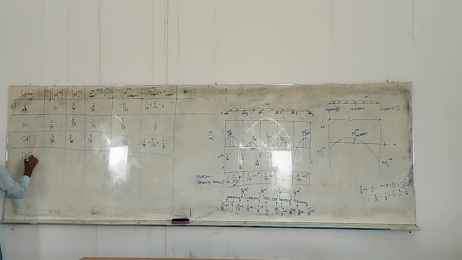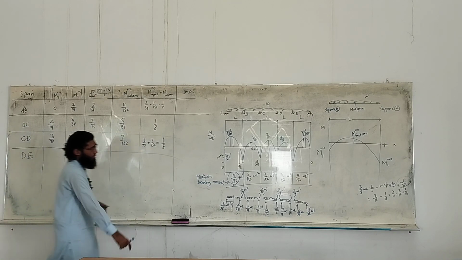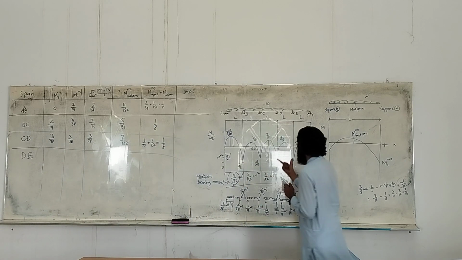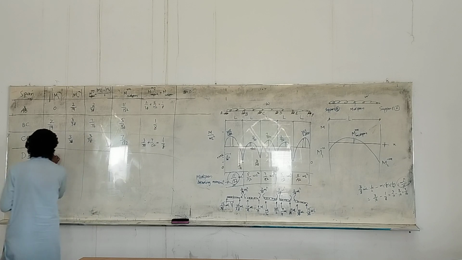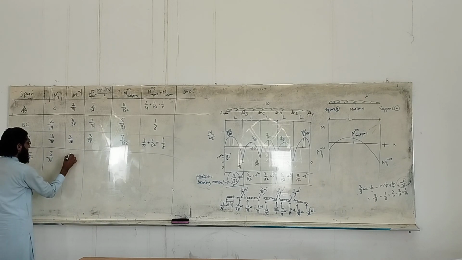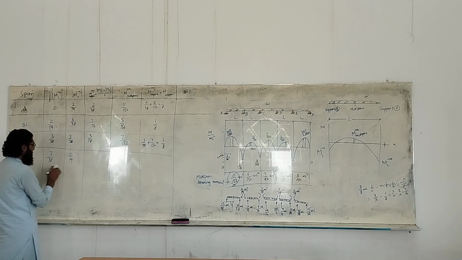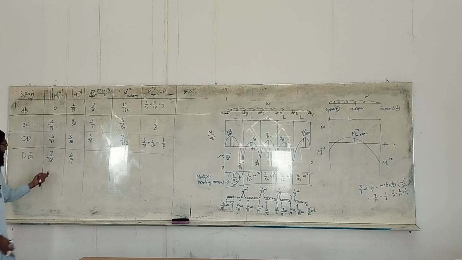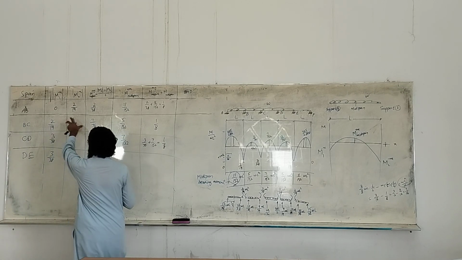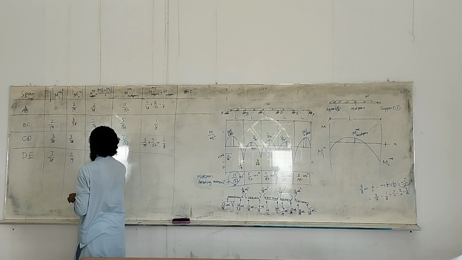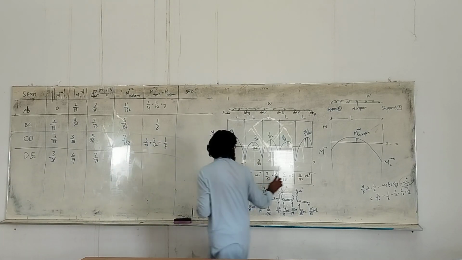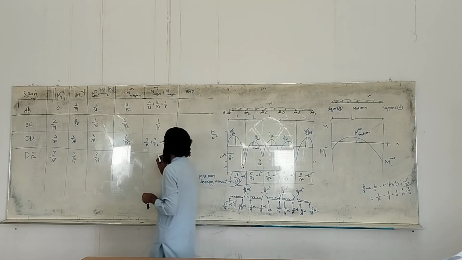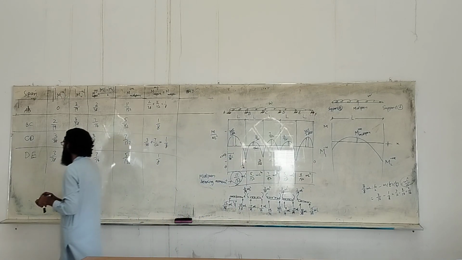Now next is DE. What about DE? This span, 3 by 38 and 2 by 19. Okay, 3 by 38, 2 by 19. We are just entering the absolute values. Okay, what is the average? Again, same average as these, 7 by 76. 5 by 152 is the mid-span, and this should always give you 1 by 8.